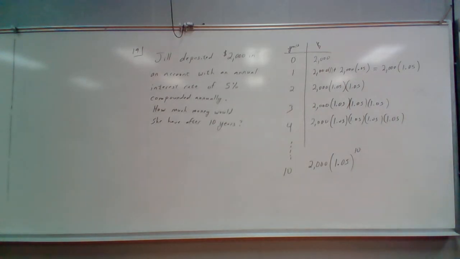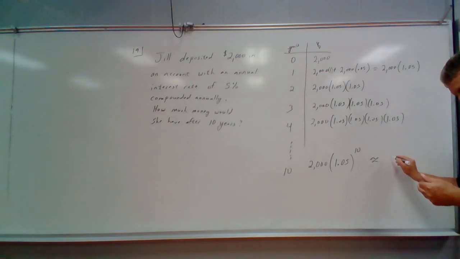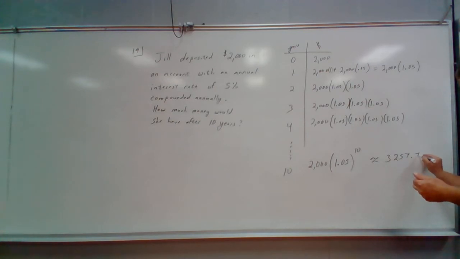And if we ask our calculator what that is, 2,000 times 1.05 raised to the 10th power, I get approximately $3,257.79.